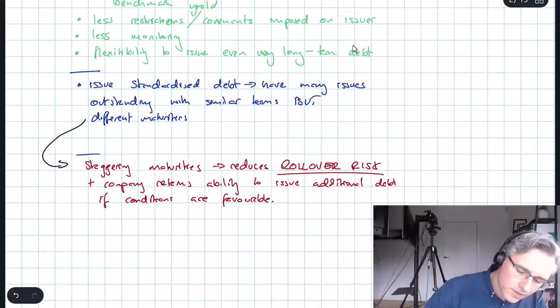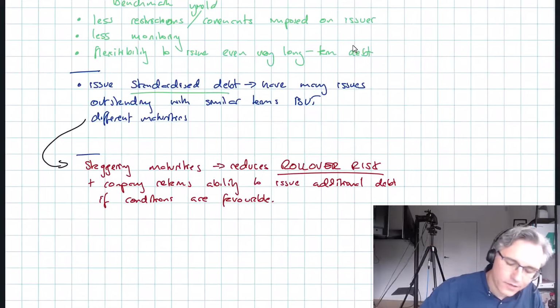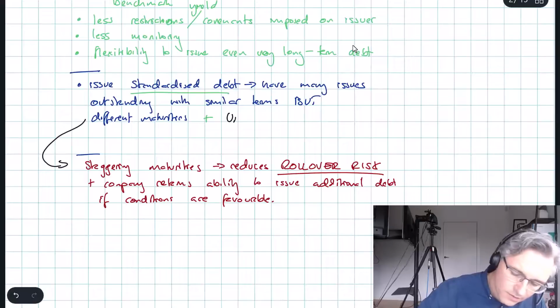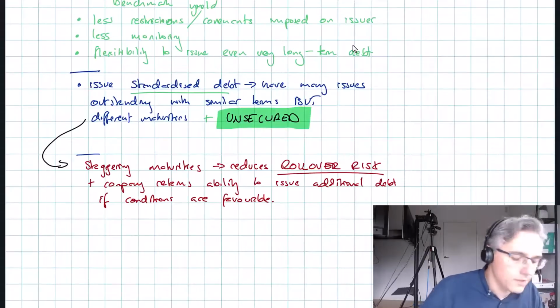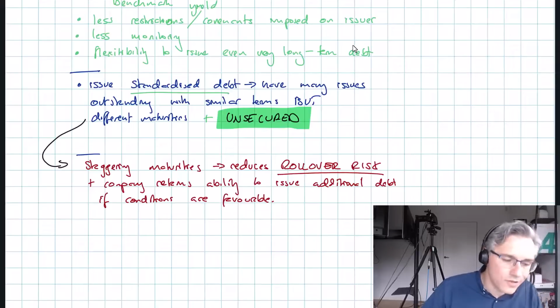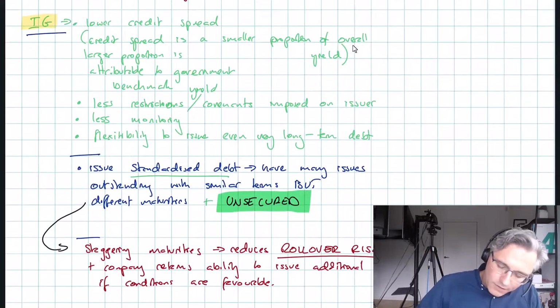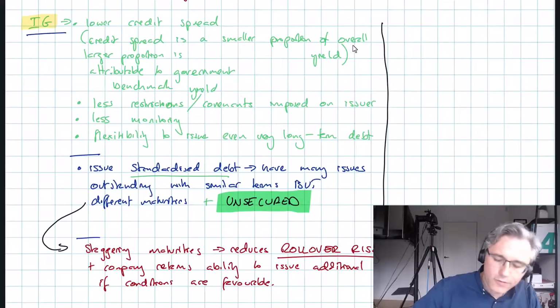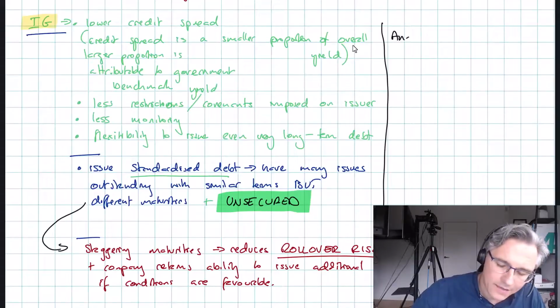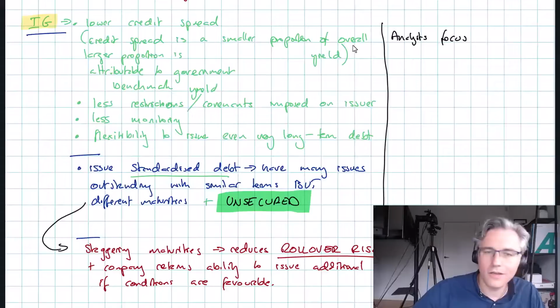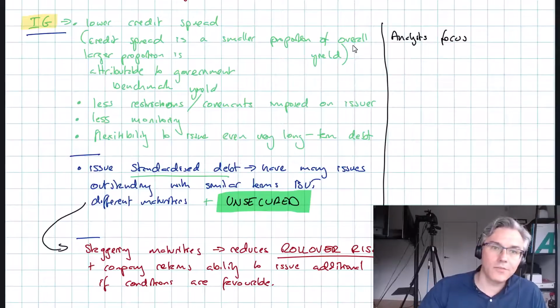And another feature of this is that the debt is quite standardized, and very importantly, it is going to be very much unsecured. So the lenders do not necessarily require collateral to be in place because they know the situation is good. Now, you also have to understand what analysts focus on here when they look at such debt. The analysts pretty much focus not on the likelihood of the company going into default, because that is a very remote possibility.